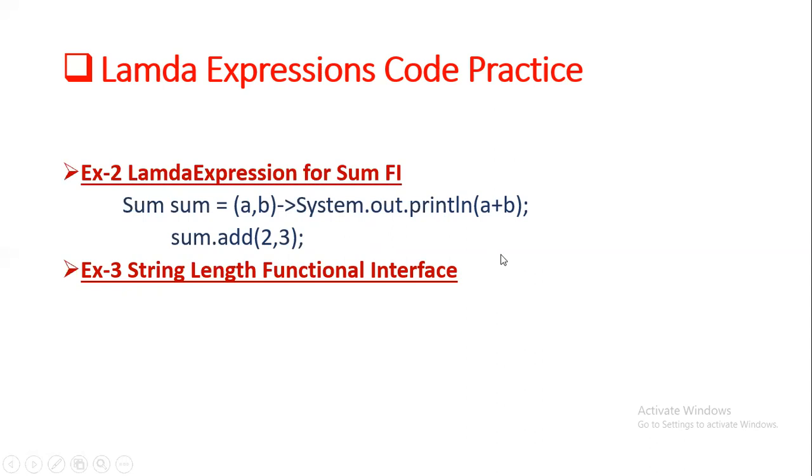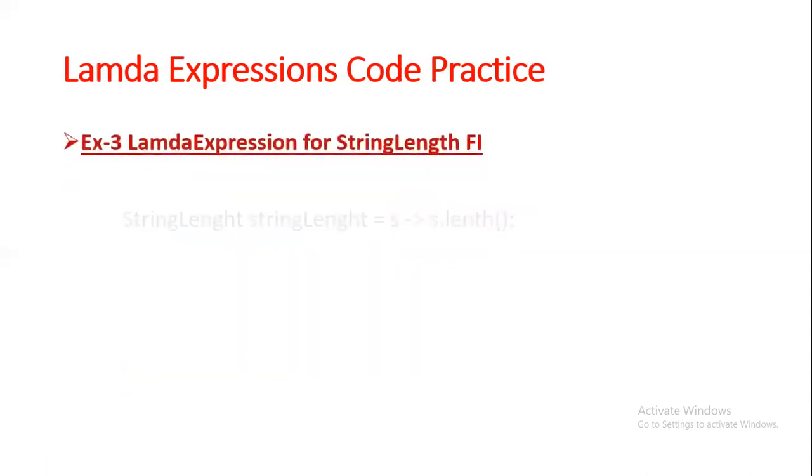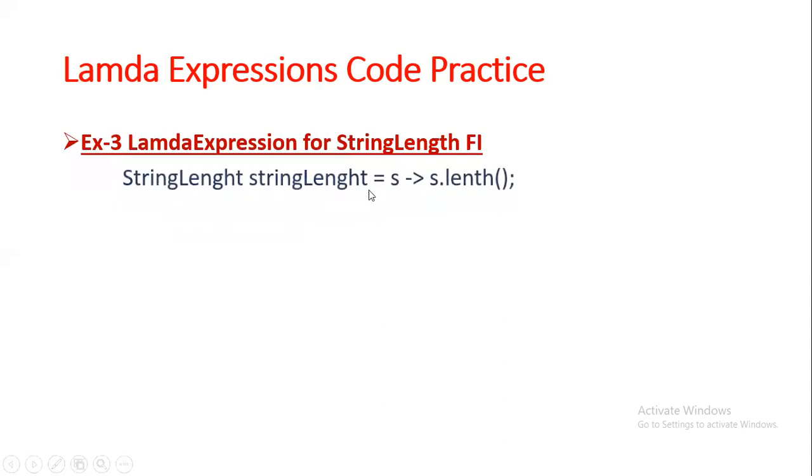Afterwards, the StringLength functional interface. I created StringLength as a functional interface. My method will take a string as a parameter and return the length of the given string. Here, as discussed in the last classes, if the lambda expression has only one parameter, there is no need to provide parentheses.